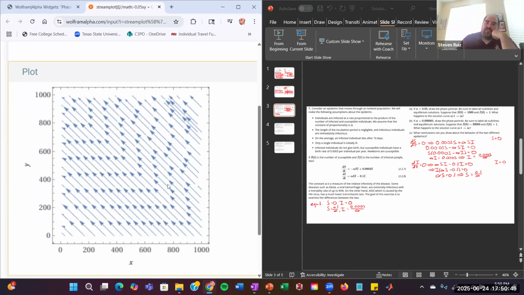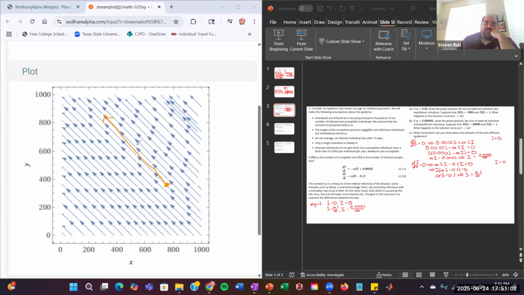So let me turn on annotations again. Pretty much no matter where I put a point in here, the behavior is going to be up to the left.